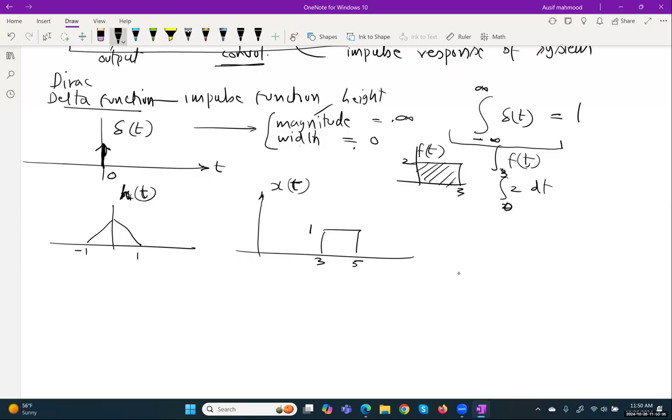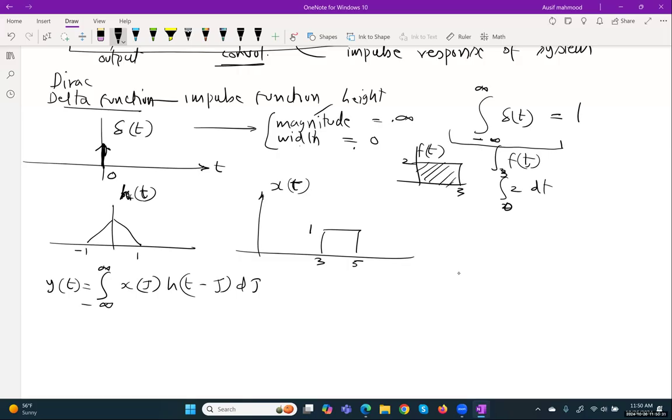As I mentioned, the output will be the integral from minus infinity to infinity of x of tau, h of t minus tau, d tau. And remember, the physical meaning of the integral is just the area under the curve, nothing special.